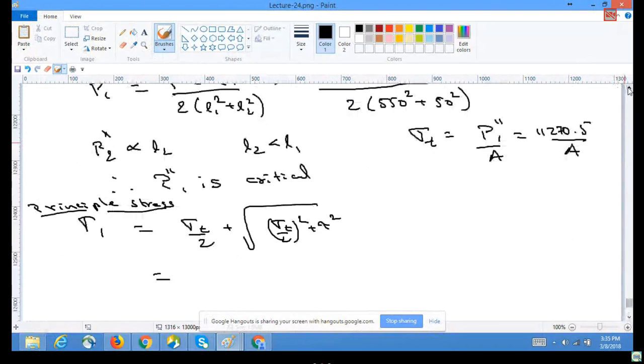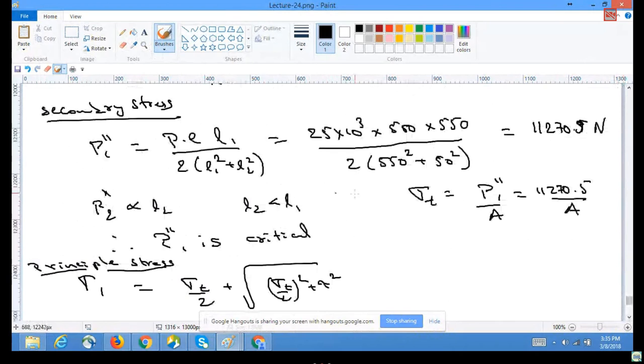But we know that this is resisted by 2 bolts at the top, so it is divided by 2A.